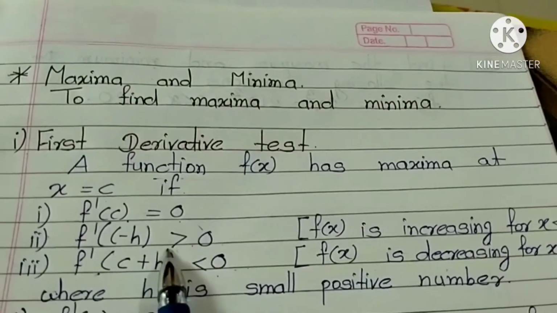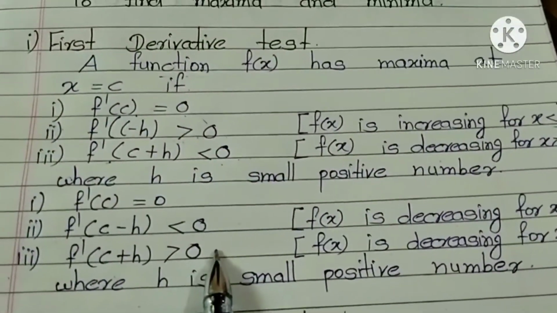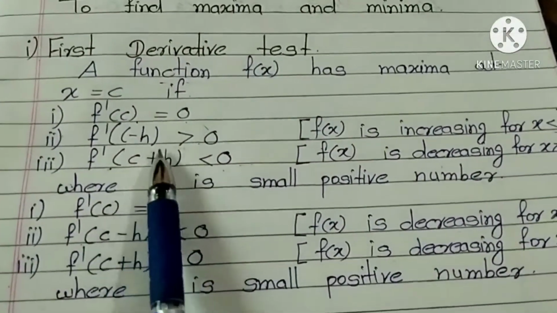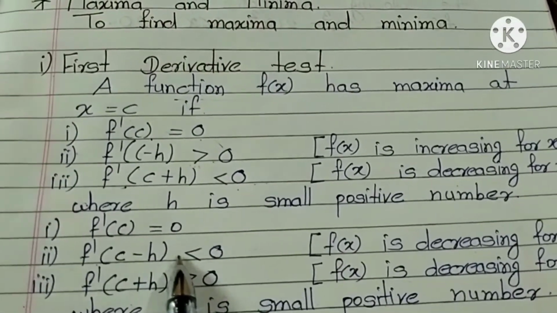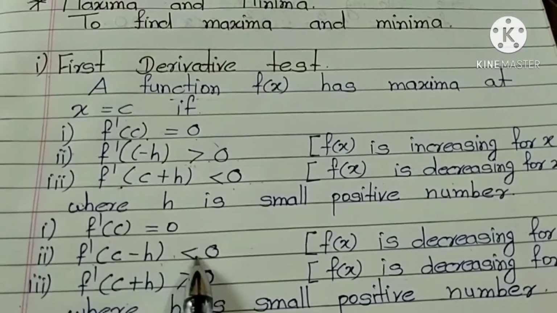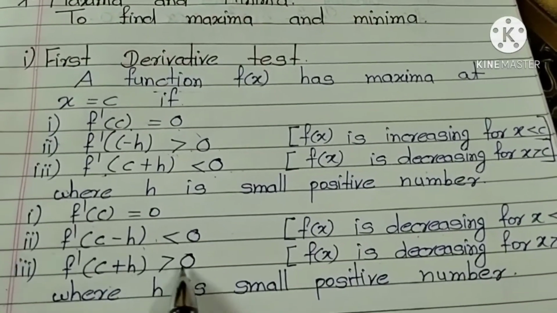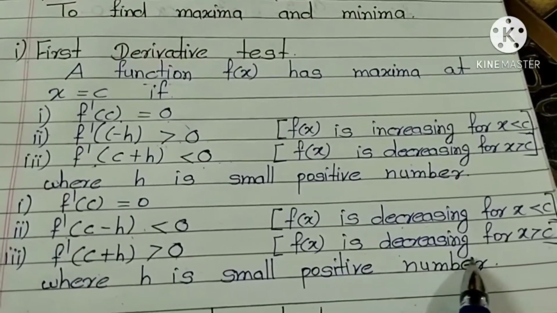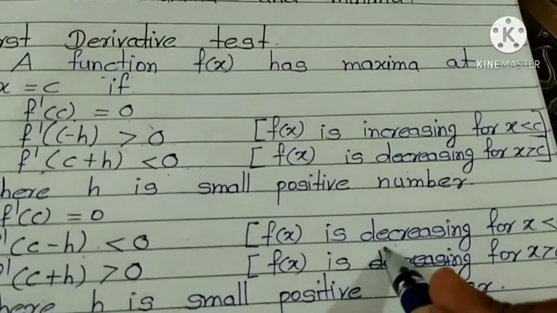This is the condition for maxima, and these three conditions are for minima. They are similar. You can observe that f dash of c is equal to 0 here. Second, f dash of c minus h is less than 0, where f of x is decreasing, and f dash of c plus h is greater than 0, where f of x is increasing.